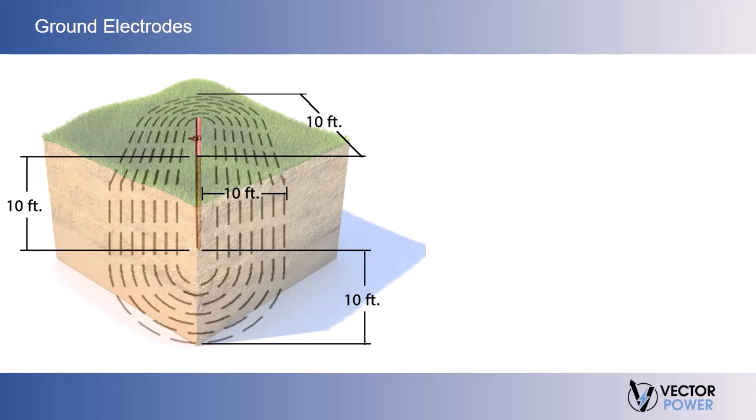the electrode. The distance at which this effect occurs is referred to as the effective resistance area and is directly dependent on the depth of the grounding electrode. In theory, the ground resistance may be derived from the general formula: resistance equals resistivity times length divided by area.